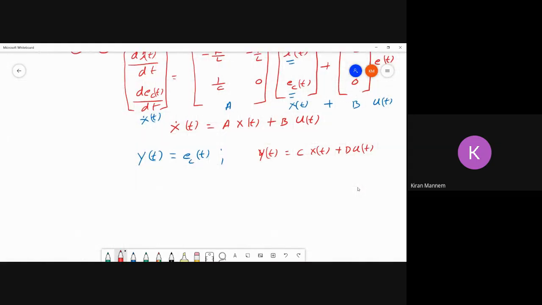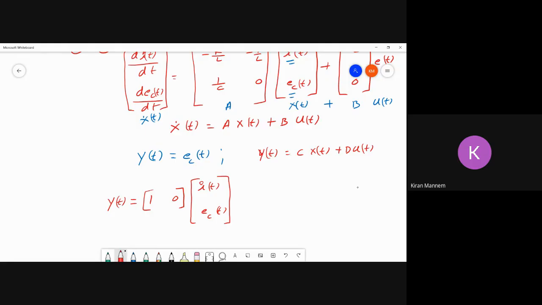We know x of t is nothing but the current through the inductor and voltage across the capacitor. So this is your x of t, and it should be multiplied with the C matrix. Can we write like this? This could be your y of t or output.